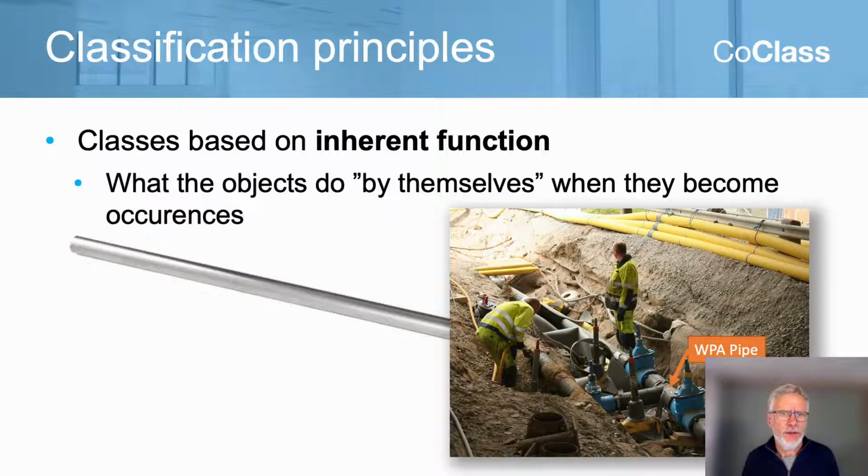And then of course you can use the pipe as a pipe, and the class WPA is called pipe. It's defined as a circular rigid thing with a flow inside of it. And we call it the class then pipe because that's the common word for it. But you could actually use any word you like for that class then.